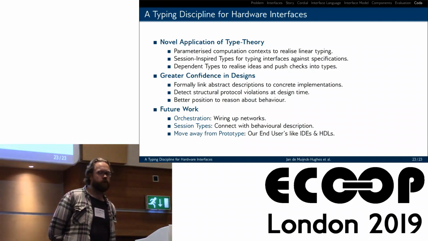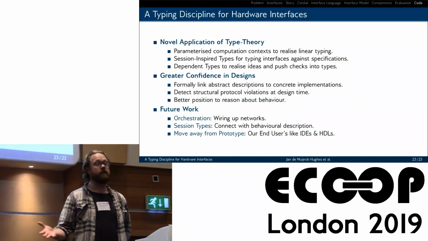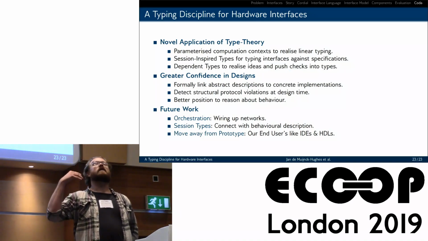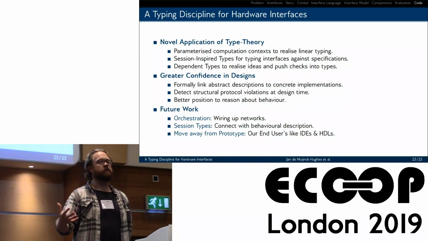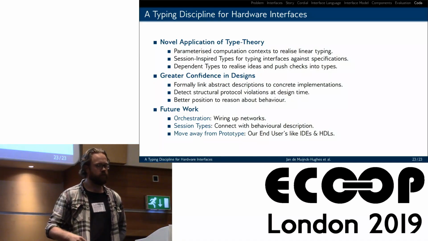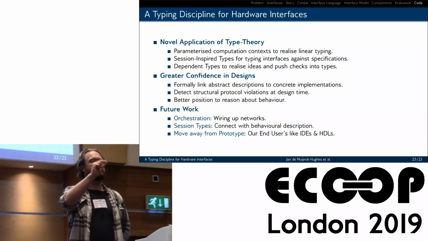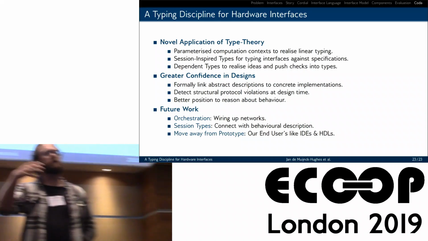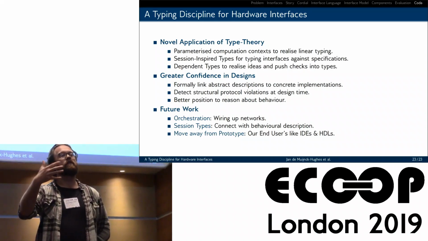For things like this, we can embed it into the IDE and hide all this machinery there, and use the existing IDE infrastructure to present designers with the information in a way they would understand. If you're used to using tools like IntelliJ or even the language server protocol in Emacs, you get the little squiggly red line that says, here's an error, and we can provide good error messages to say, look, this is why you're wrong.